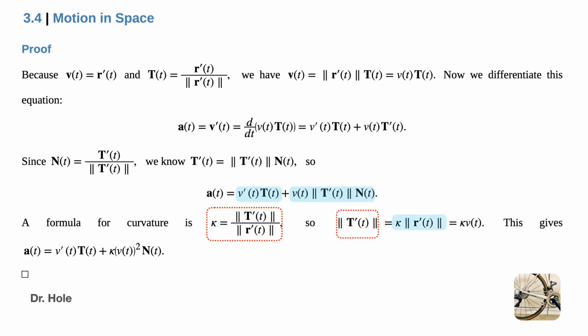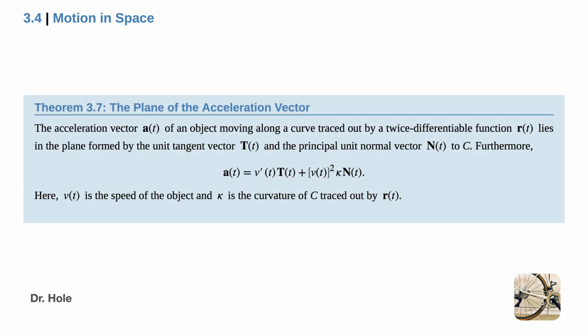And thus, the magnitude of a derivative on the unit tangent is kappa multiplying the norm of r prime vec, but the norm of r prime vec is speed. Okay. So plugging that in, we establish our desired form. And the proof is finished. Here's the theorem that we just finished our proof of.